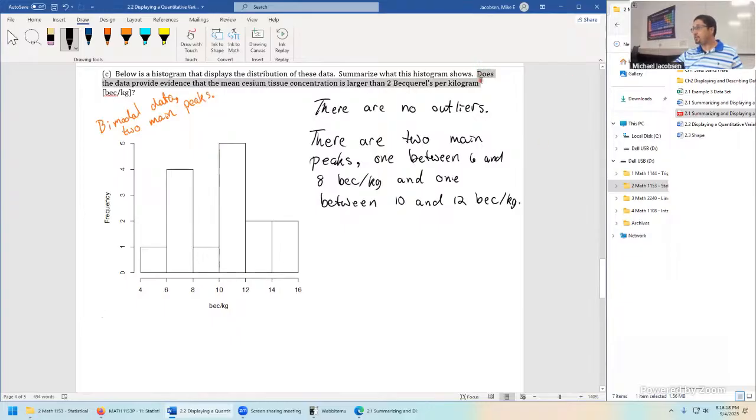Now all we have to do is make sure we address all the questions. Sometimes it's easy to just miss stuff on these kinds of problems. So let's go to this second part. What would you all say if you never looked at the data and you just saw this? Do we have strong evidence that the mean or average, let's mention that again, is above 2 becquerels?